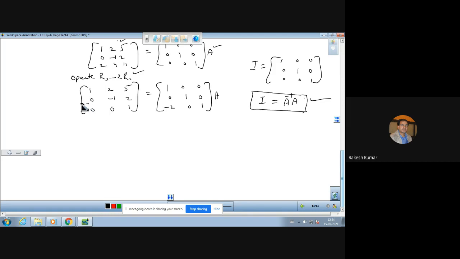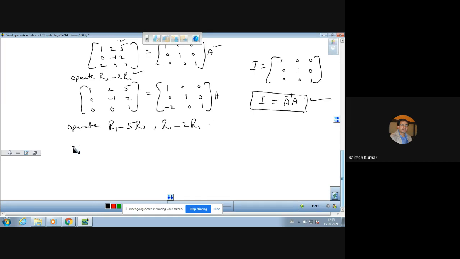Now come to another operation. So you will try to make these elements 0 now, and this one and this one. So for this you need to operate R1 as R1 minus 5 R3 and R2 as R2 minus 2 R3.